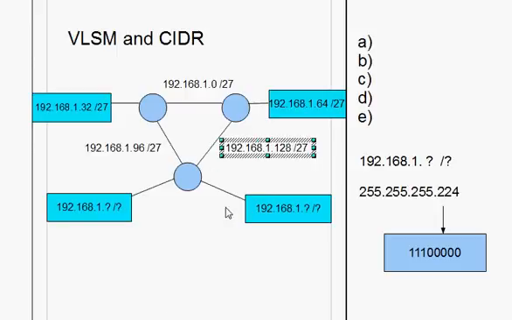Okay, after that, add 32 to the 128 and you get the 160 network /27 and the 192 network /27. So that's essentially what you would have.